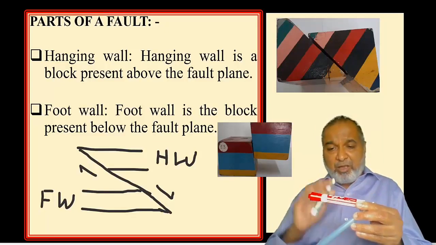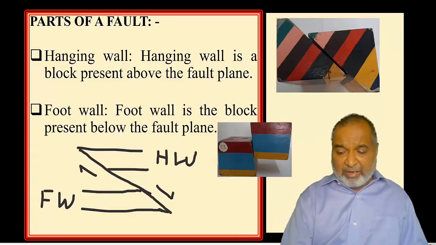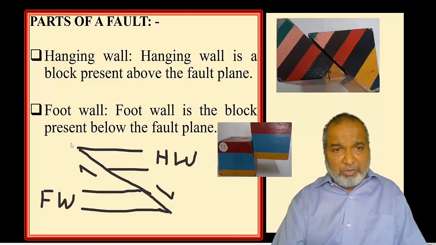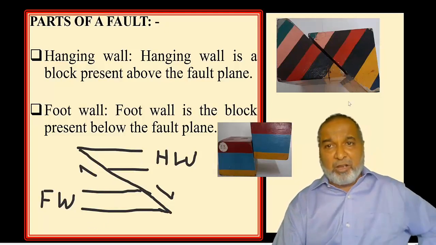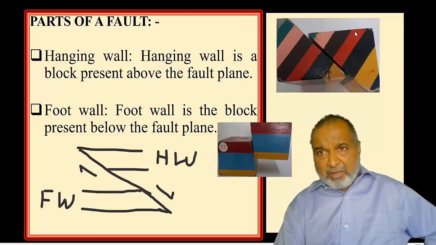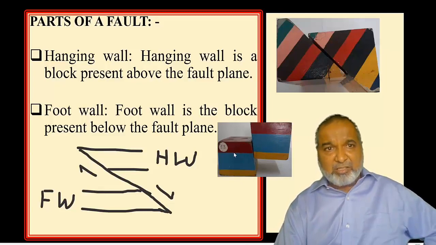This is the footwall and this is the hanging wall. This is clear now, and it is shown in the diagram also. In this particular diagram, this is your hanging wall and this block is the footwall. Similarly here, along this fault, this is the hanging wall and this is the footwall.